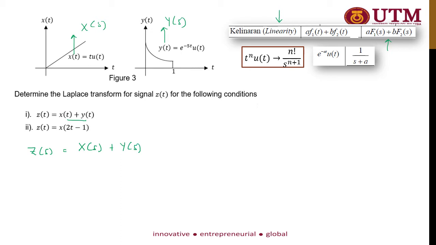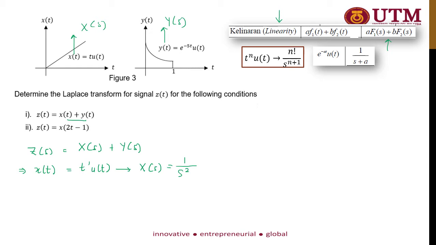So what is your X(s)? x(t) equals t to the power of 1 u(t). You know from the table, t to the power of n u(t) will have n factorial divided by s to the power of n plus 1. Therefore, your X(s) equals 1 factorial, which is 1, over s to the power of 1 plus 1, which is 2. So this is your X(s).